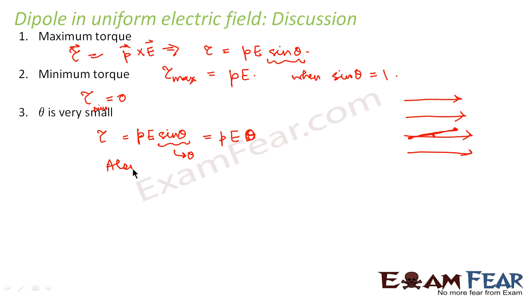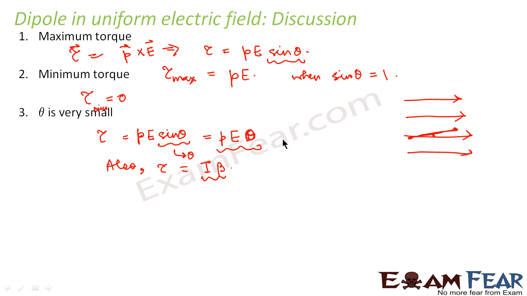Also, by definition, torque is the product of moment of inertia and angular acceleration. You would have studied this in your rotational motion chapter in class 11th. So we can equate these two.